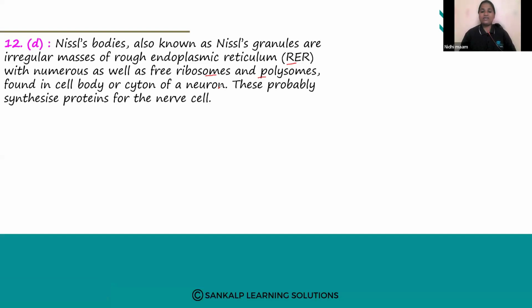It is found in the cyton of a neuron. These probably synthesize proteins for the nerve cell. What is the function of it? To synthesize proteins for the nerve cell. So that is the function of Nissl's body.